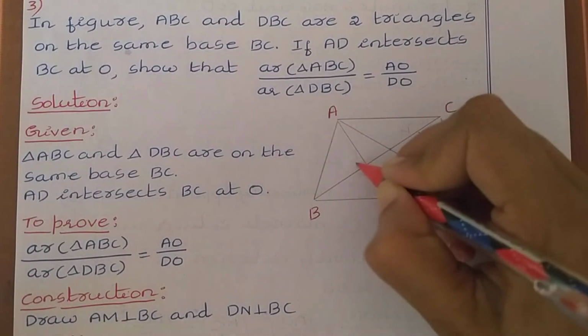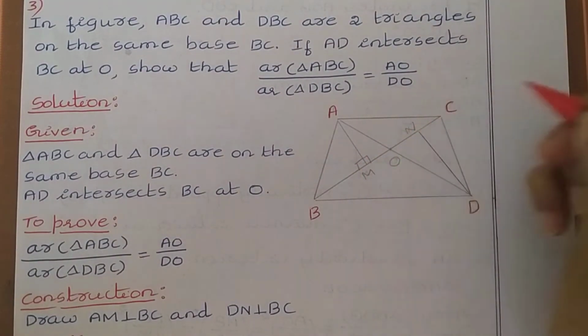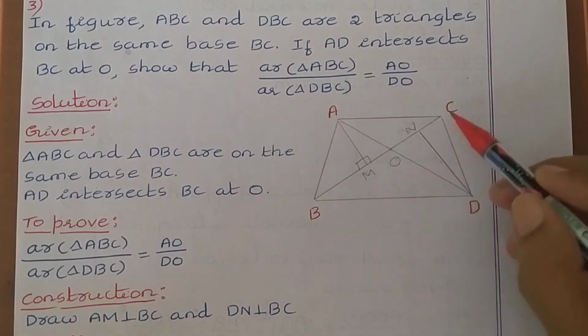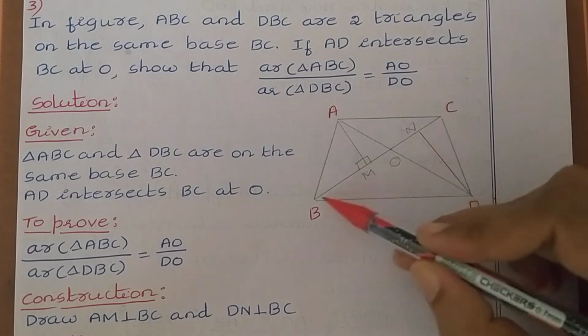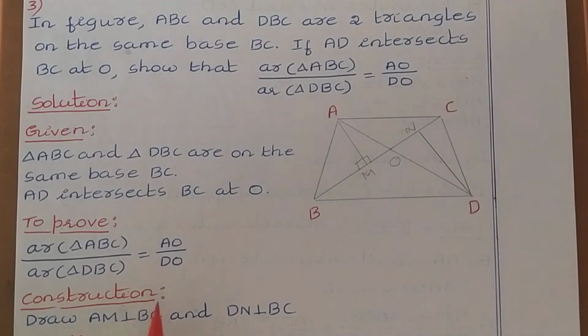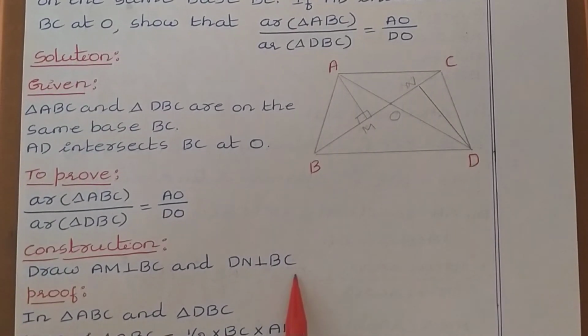Let us name this as M and this as N. So here we have AM perpendicular to BC and DN perpendicular to BC. This construction part you have to do in this figure. So I am writing now, draw AM perpendicular to BC and DN perpendicular to BC.